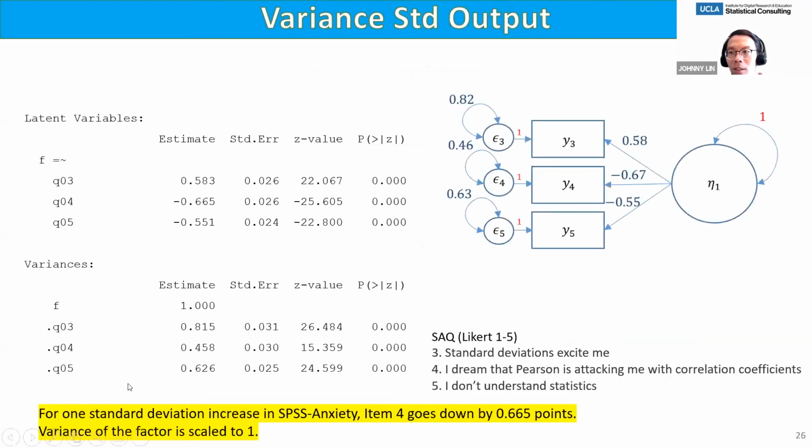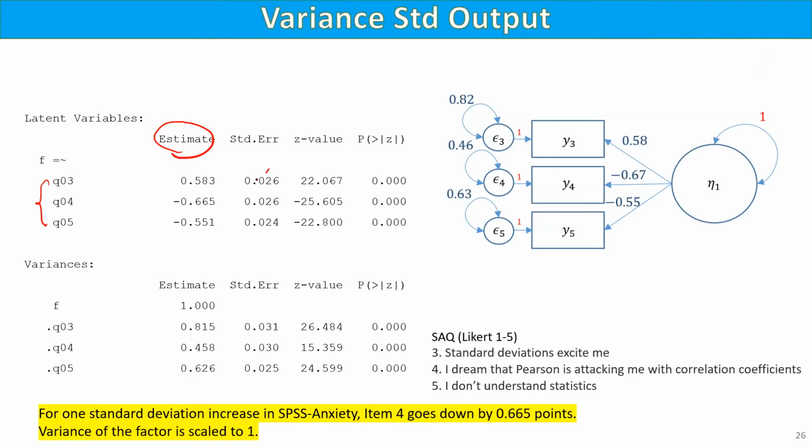Okay, so let's look at the output. Let's look at the estimate column. How do I know that this is now the variance standardization method? I think you guys know based on what we've talked about. Because there's no blank row for any of the variables. The loadings are all filled out.